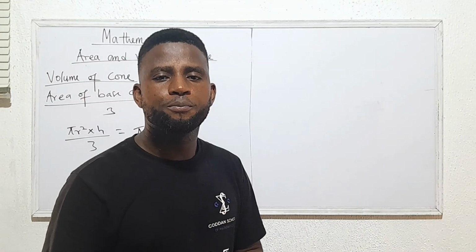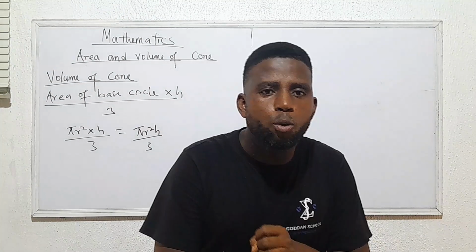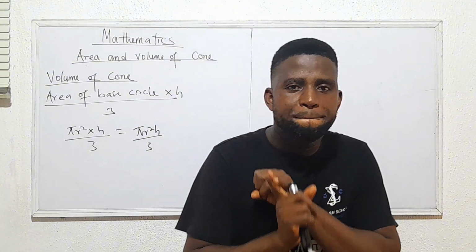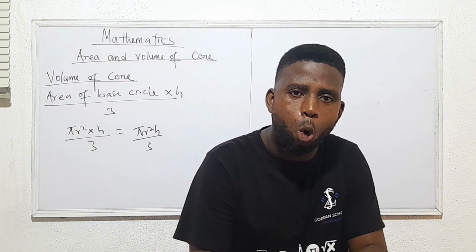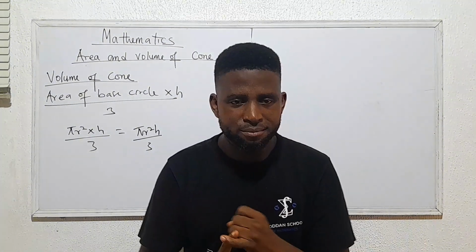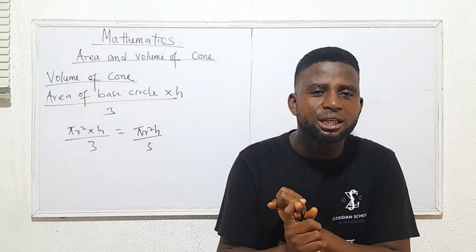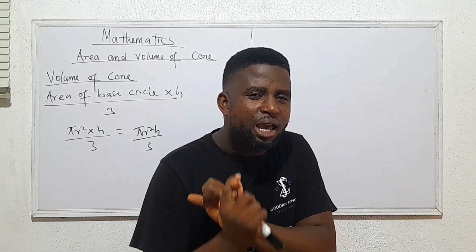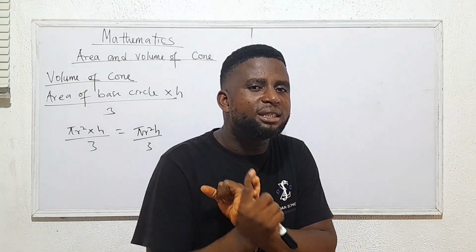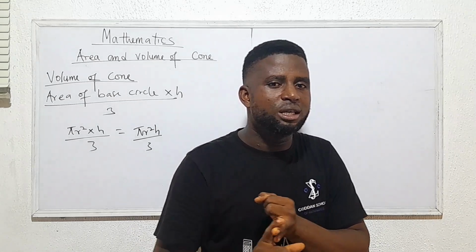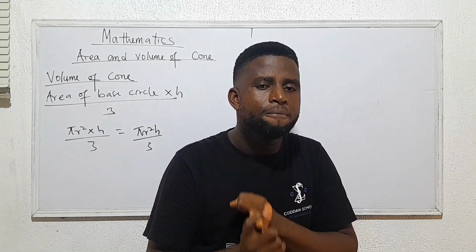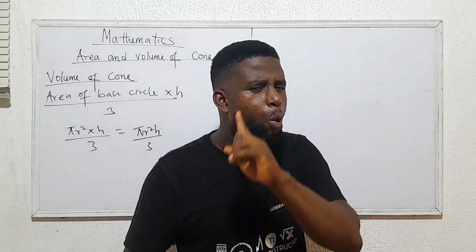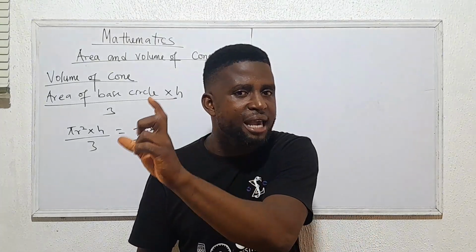So, we know that the formula for finding the base circular surface of a cone is pi R squared. The curved surface area of a cone when the angle is given is theta over 360 times pi L squared, where L is the slant height.